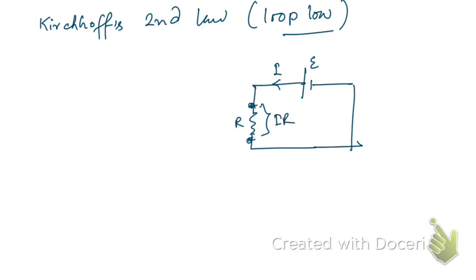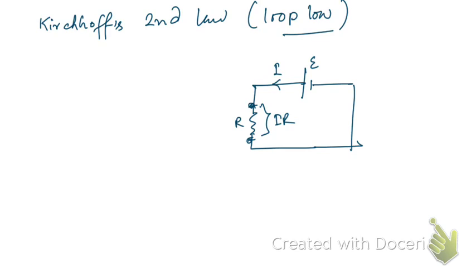According to this rule, the EMF plus IR, the sum of all the voltages and the EMF of all the sources connected in this closed circuit, will be equal to 0.